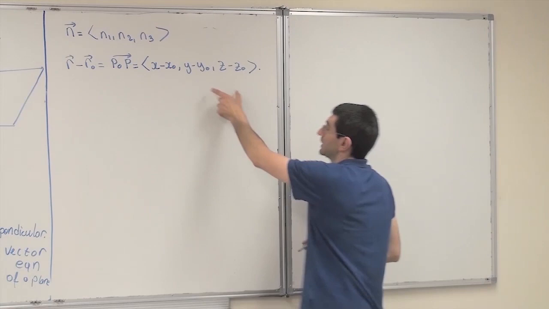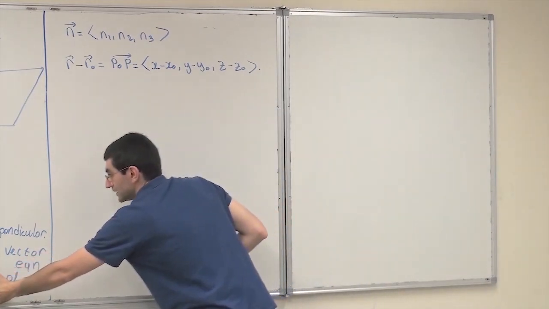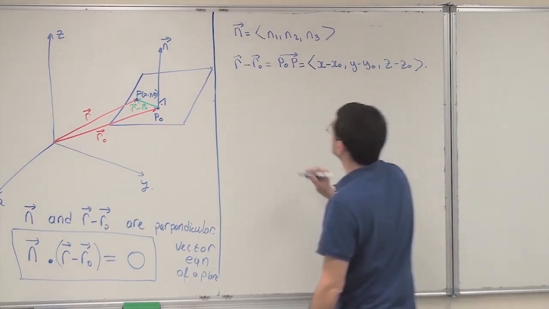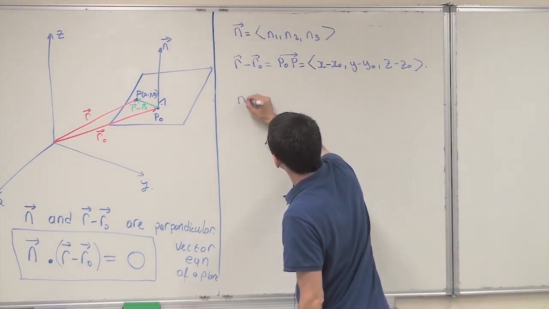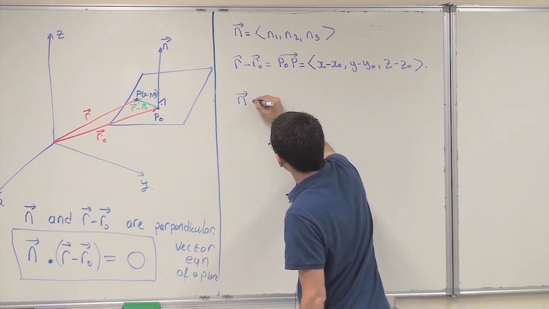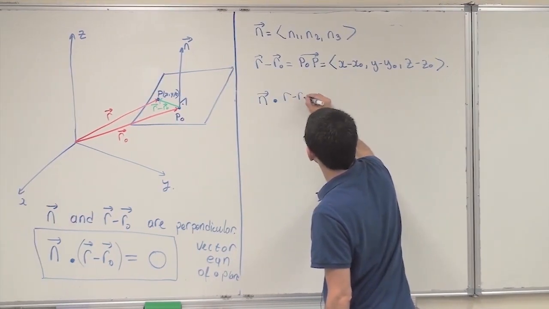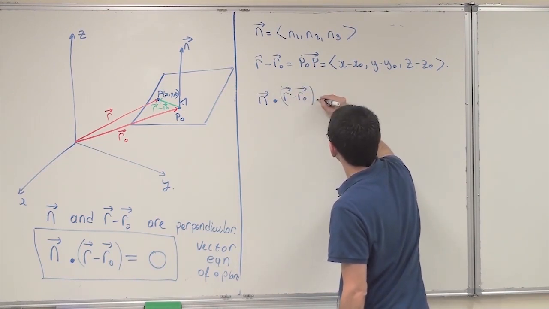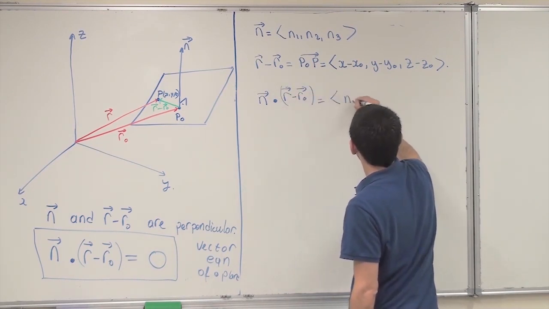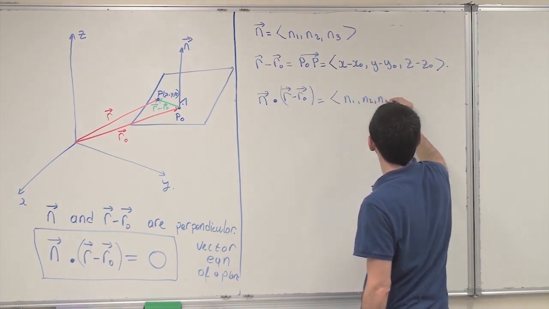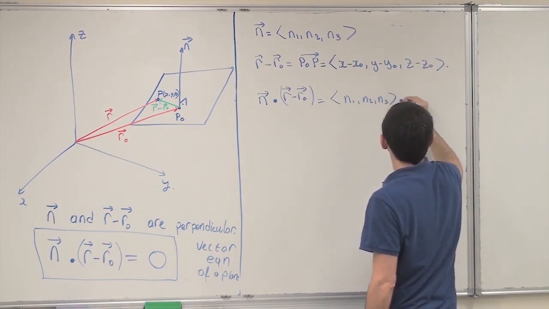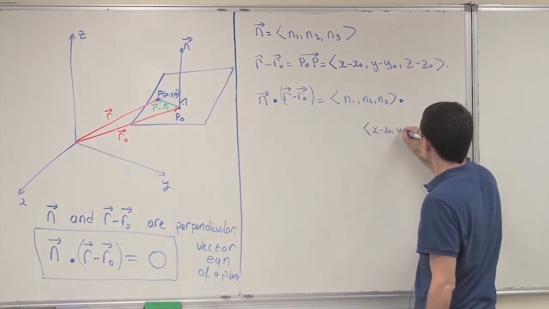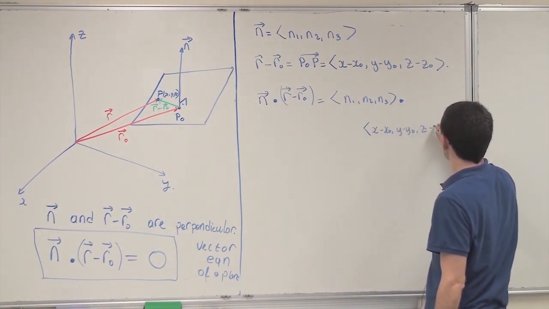Okay. If I place them in this dot product, I'm going to obtain the following. n dot product r minus r0 is going to be n1, n2, n3 dot product x minus x0, y minus y0, and z minus z0.